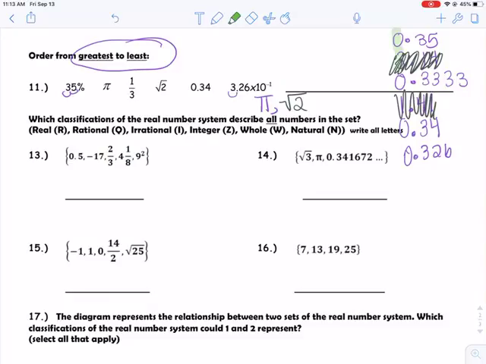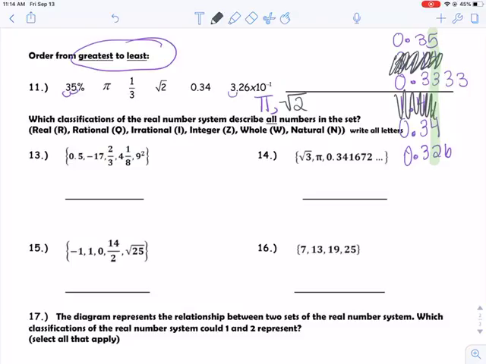Okay, now everything in this column has the exact same number, they're all zeros. So we're going to move to the next column, the tenths place. All of them have 3's. That's not helpful. We can't compare if they're all the same. So we're going to move to the hundredths. Now we can compare. They're all different: 5, 3, 4, 2.